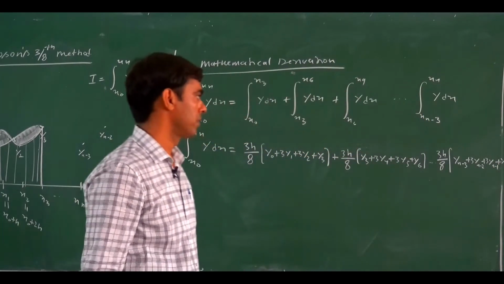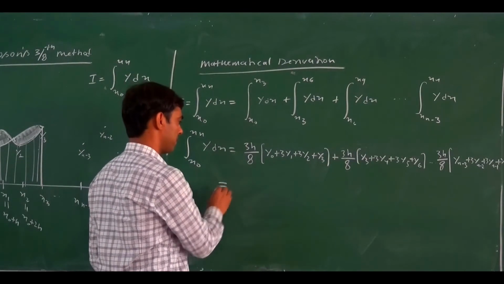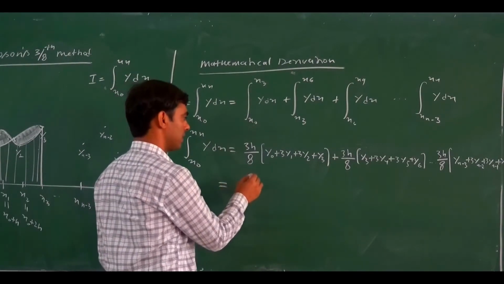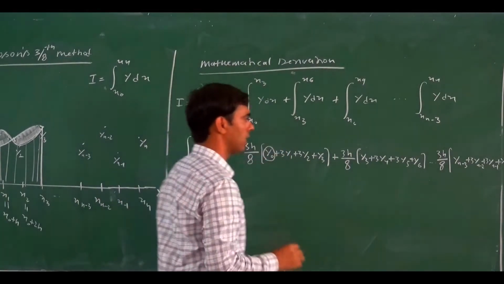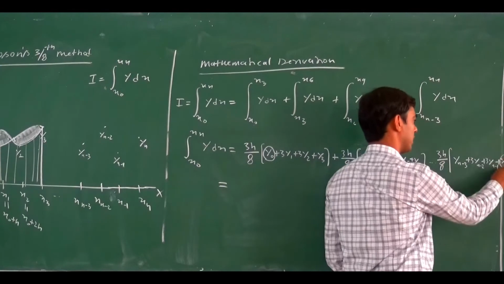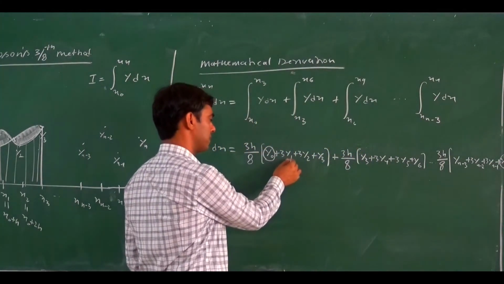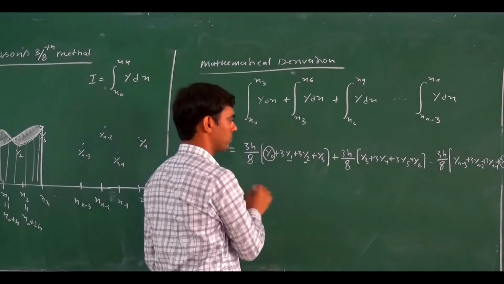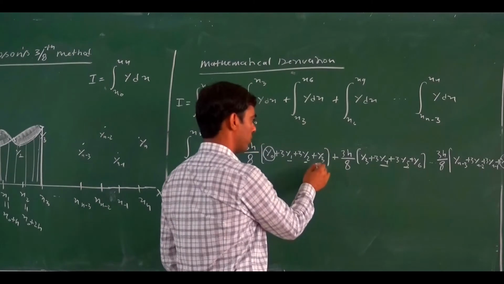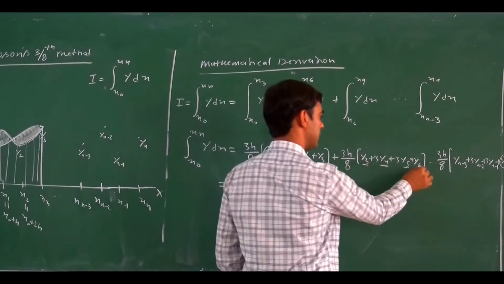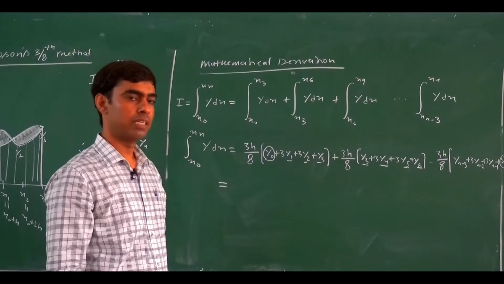So if we simplify this result, then what will happen? If you closely observe, the first term and last term occur one time, and the multiples other than 3, that is y1, y2, then y4 and y5, occur 3 times, and y3 occurs 2 times, then y6 occurs 2 times, then y9 occurs 2 times.